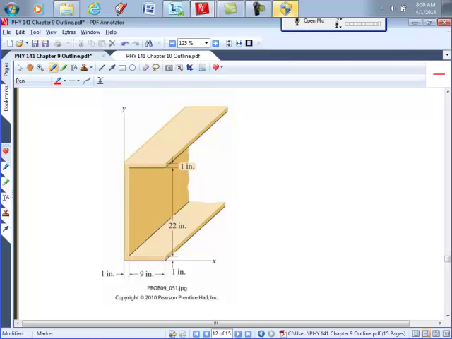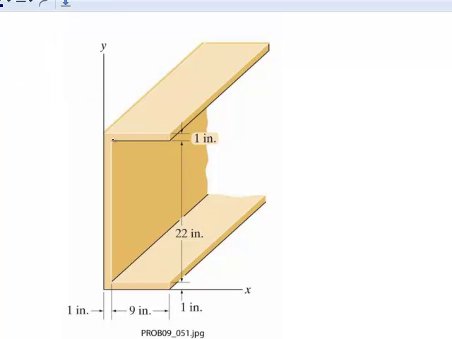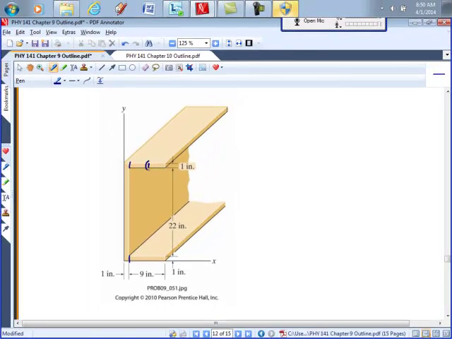So we'll section them here and here. So we're going to call this area 1, this area 2, and this area 3.